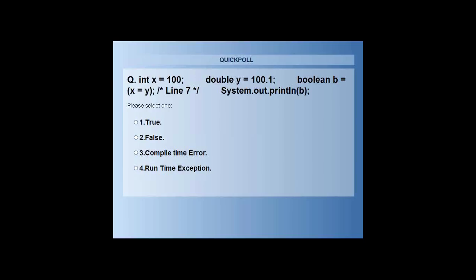Now I need to print the value of a boolean variable. The statement is boolean b equal to x = y, and if I try to terminate this with a semicolon, it is giving me an error.